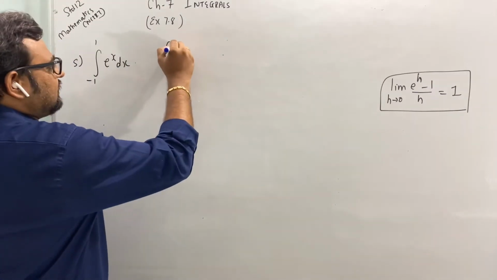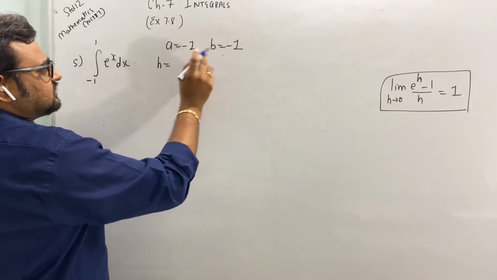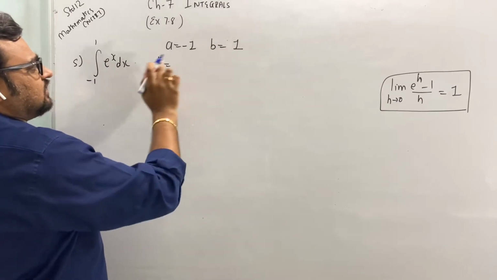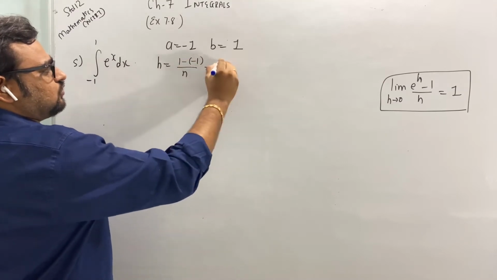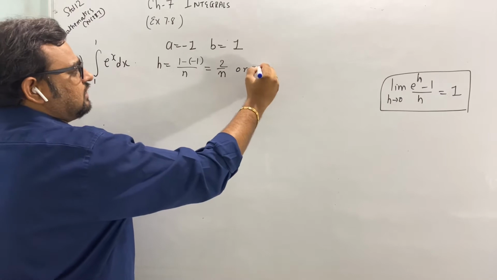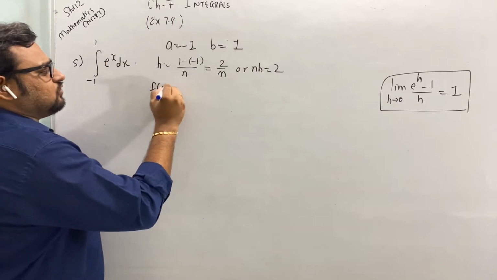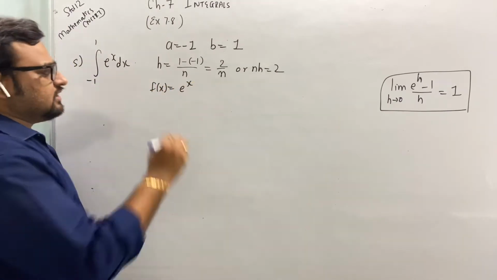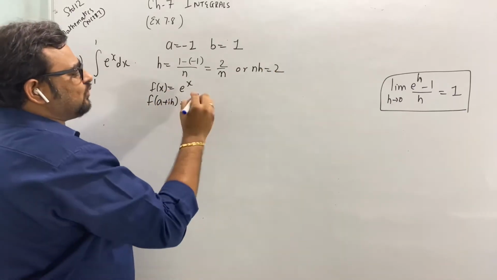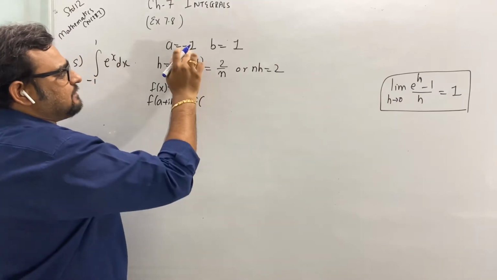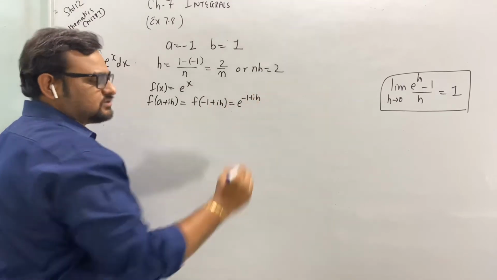What is a? a is minus 1, b is plus 1, and h is (b minus a) by n, which is 2 by n, so nh is equal to 2. f of x is equal to e raised to x, so f of a plus ih is f of minus 1 plus ih, which equals e raised to minus 1 plus ih.